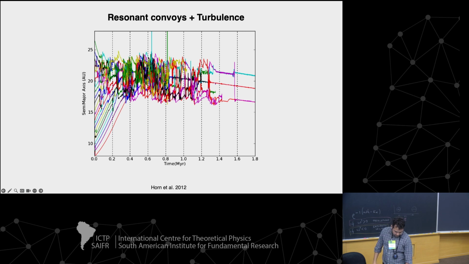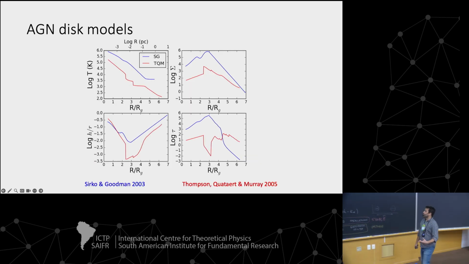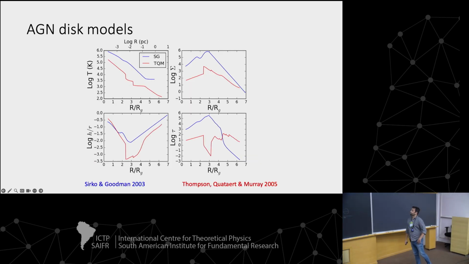Right. So we applied this idea then to AGNs. And what we saw then is that, yeah, indeed, this would lead to the formation of migration traps around black holes. Oh, sorry, around supermassive black holes.